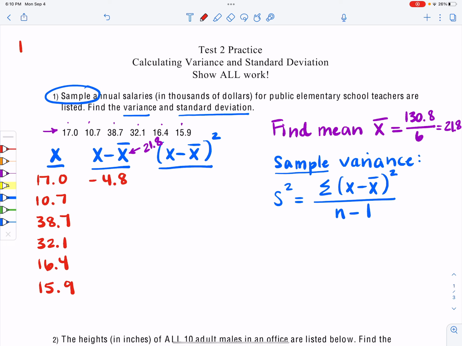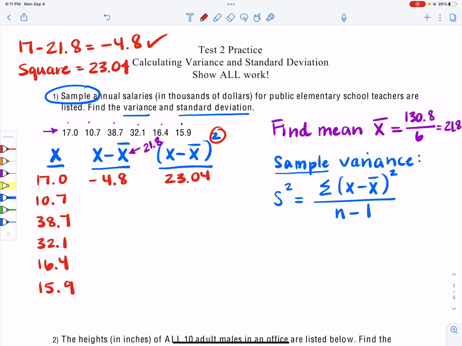So literally, I just took 17, the first value, subtracted 21.8 in my calculator, and I got negative 4.8. And then while I'm here, I'm going to go ahead and square that. Since it's stored in my calculator, that's the value that goes here in the last column. I did this to get the deviation, then I squared it in my calculator, and I got 23.04.